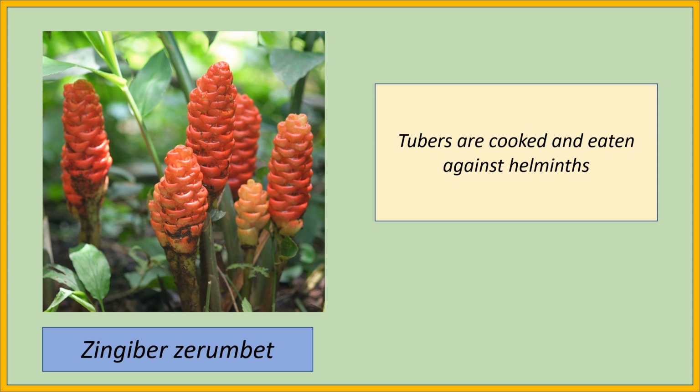Okay, let's talk about some of the tuberous plants. So this is Zingiber zerumbet. The tubers are cooked and eaten, and it is a very good anti-helminthic agent. This plant is also known as shampoo ginger, because when you squeeze this part of the plant, a very slippery liquid is released, which can be used as a natural shampoo.